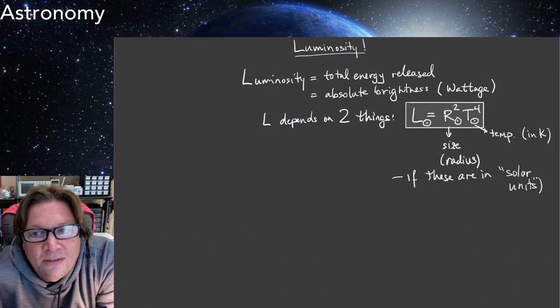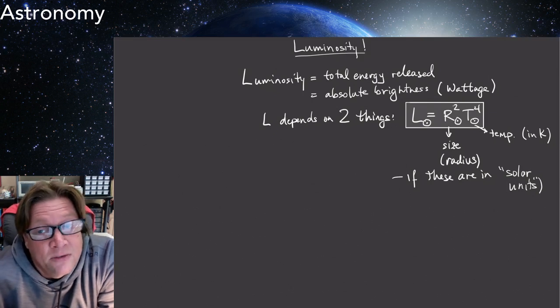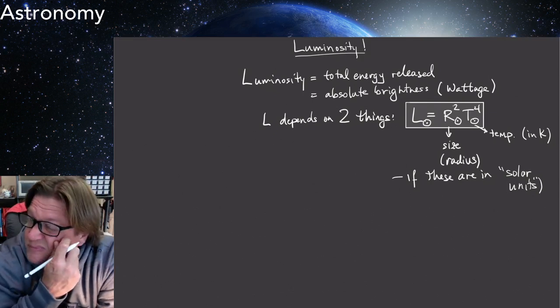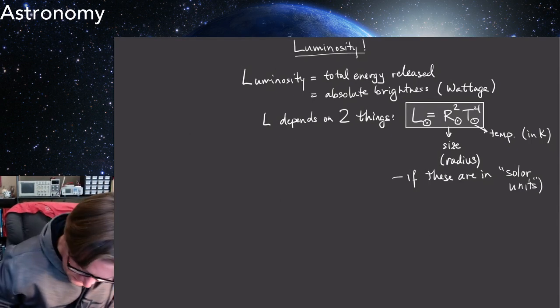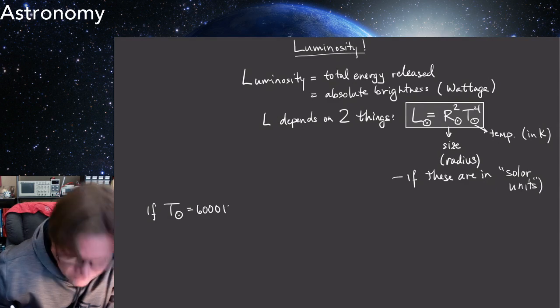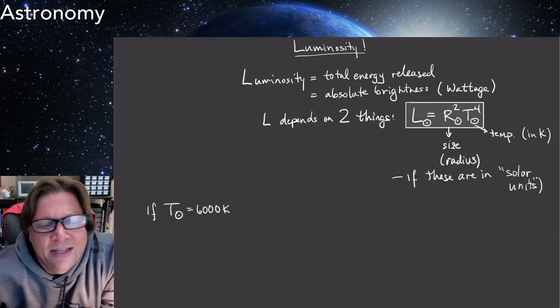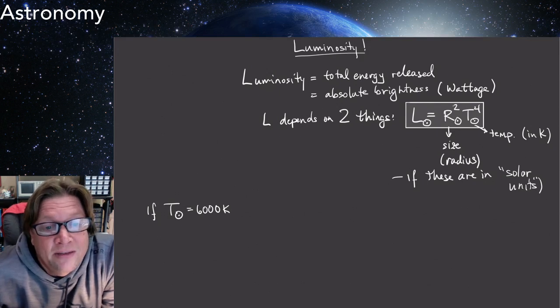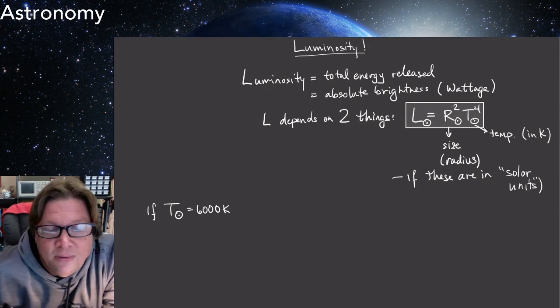That just means relative to the sun. So, for example, if T solar is 6,000 kelvins, for right now I'll use that. That's the temperature of the sun. That circle with the dot in it always means the sun's quantity.